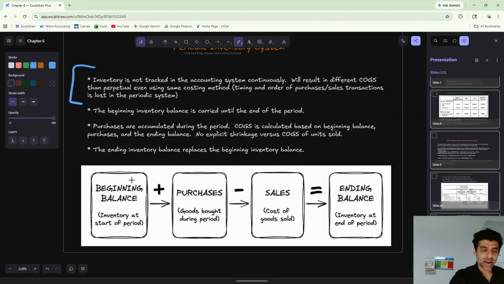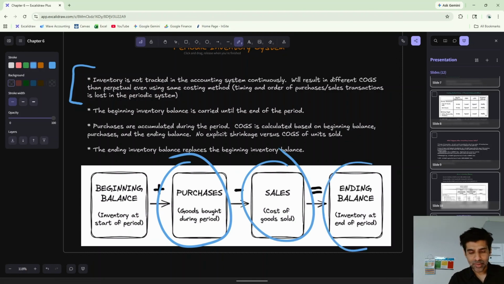It is not as accurate as a perpetual, and I'll show you a little example of why that is. It's slightly different accounting. You're gonna track your purchases, and you're gonna have your sales, and you're gonna have your ending balance count at the end of the period.